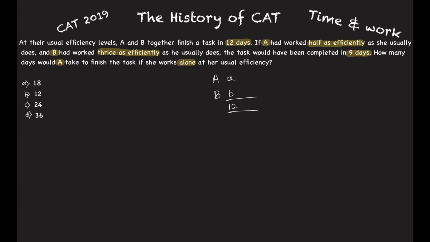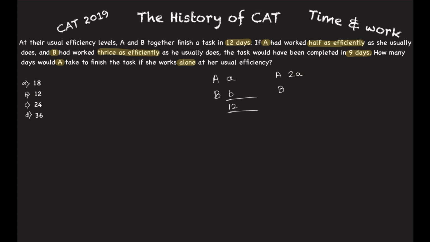If A works half as efficiently as he usually does, then if earlier he was taking A days, now he will be taking 2A days, because he is working with half his efficiency.